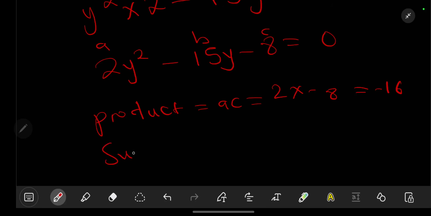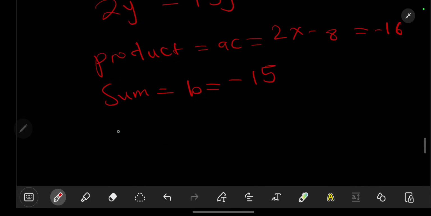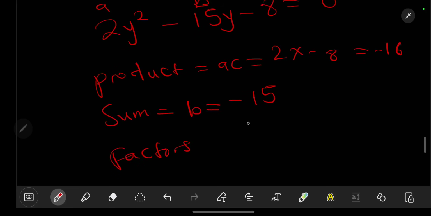Then the sum will be equal to B, which is negative 15. So it is just this number. Then we have our factors, 2 numbers which when you add them give you negative 15 and when you multiply them give you negative 16. These numbers are negative 16 itself and positive 1. So if you add these, they are going to give you negative 15.